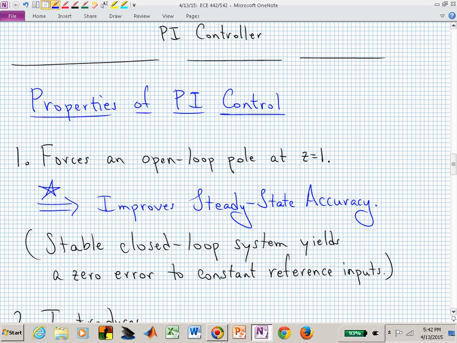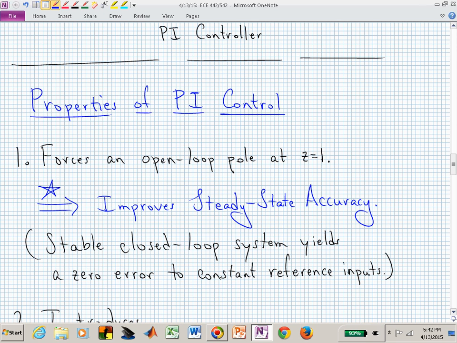That actually is what? It's right on the stability boundary. It's right on the unit circle, so it's probably not improving our transient behavior. We're buying steady state accuracy with that introduction of that pole at Z equal 1.